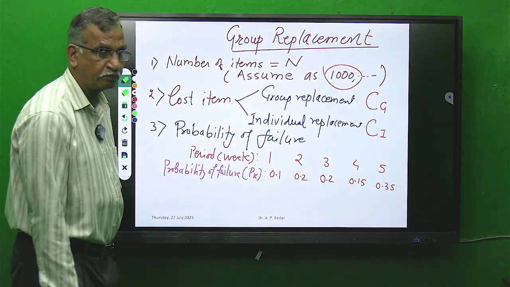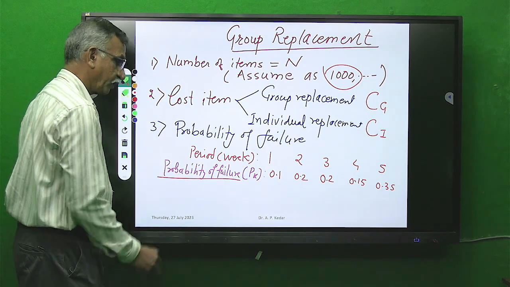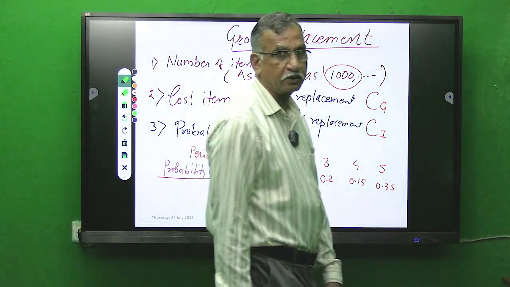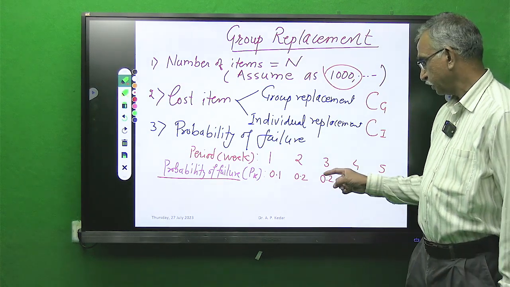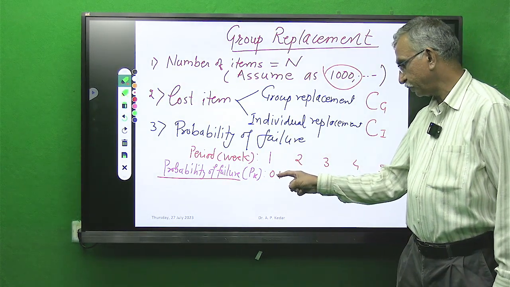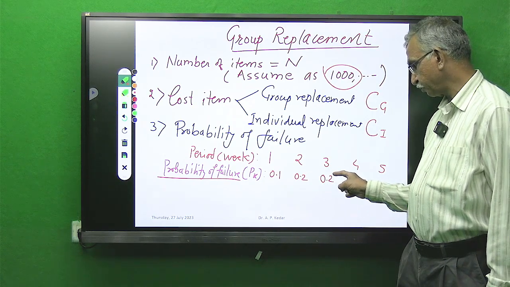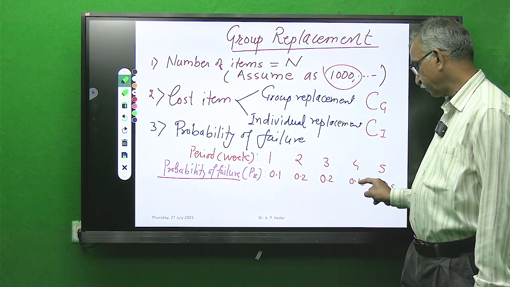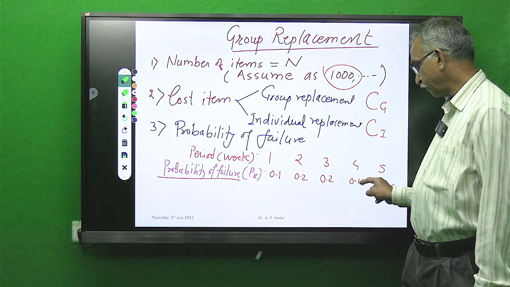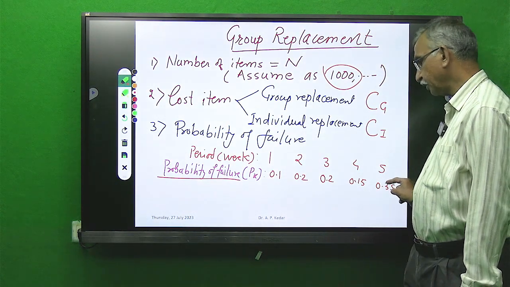See that when we see probability, the total probability is 100% in percentage, or in number it is 1. So 0.1, 0.2, cumulative 0.3, 0.3 plus 0.2 is 0.5, 0.5 plus 0.15 is 0.65, 0.65 plus 0.35 gives cumulative 1.